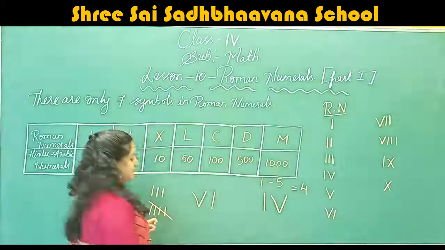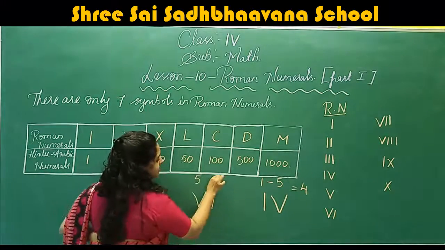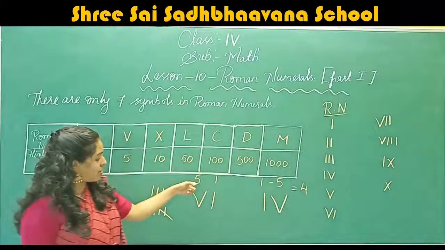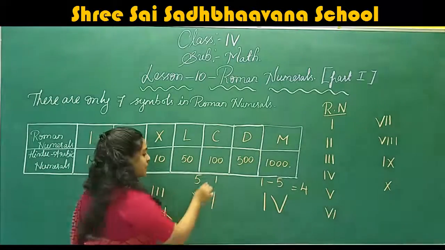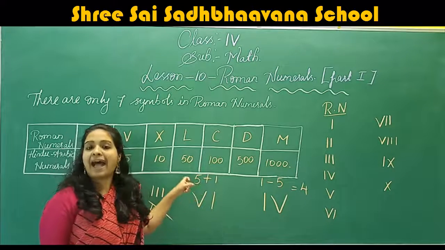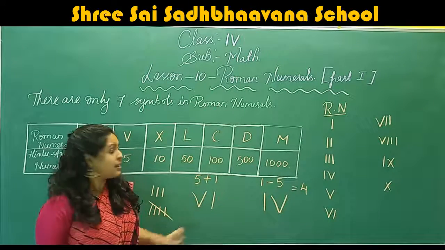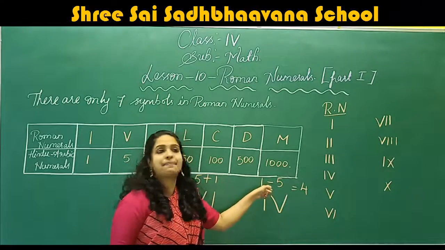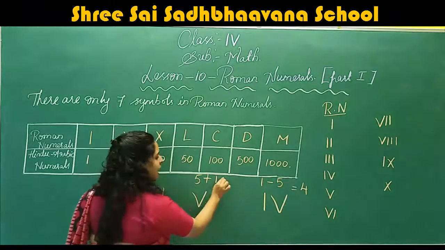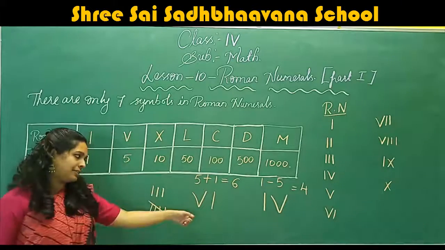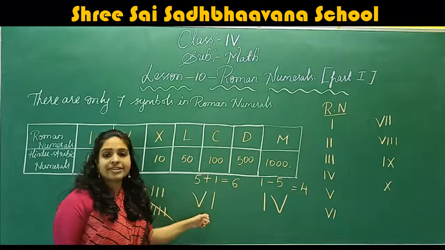The value of V is 5, and I is 1. If the smaller number is written before the larger number, we subtract the values, but here we have to add. 5 plus 1 comes to 6. So its value is 6.